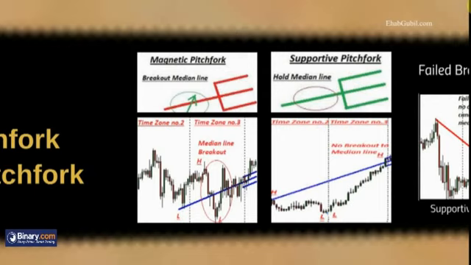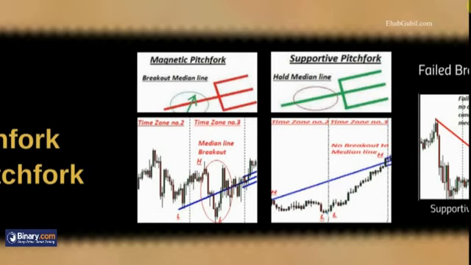What makes the difference between magnetic PF and supportive PF is that the median line of magnetic PF has a breakout by price action, which always occurs in time zone number 3. And vice versa for the supportive PF, which has held the median line in time zone number 3 and has no breakout by price action.